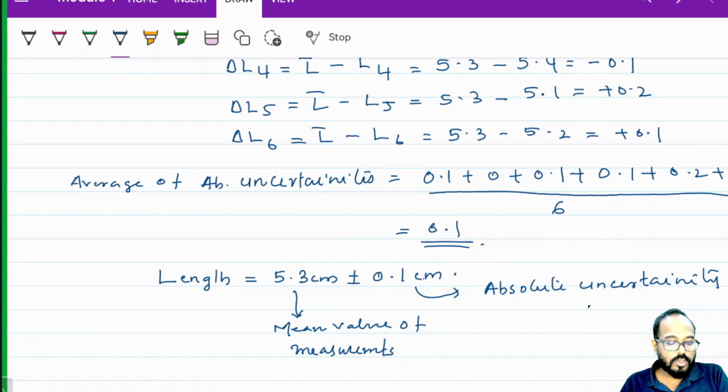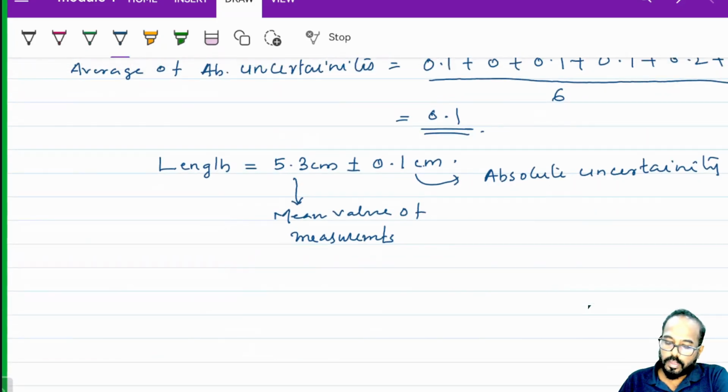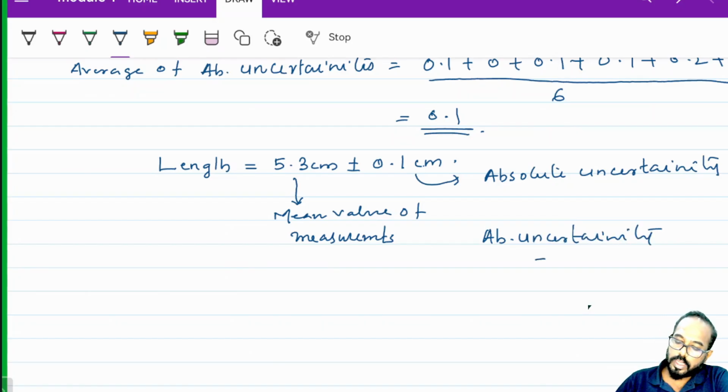If you want to check this one, this uncertainty will be approximately equal to, this is the procedure to calculate, approximation is there. So absolute uncertainty is range by 2. This is an approximate value. If you want to find the approximate value of absolute uncertainty, you take the range and divide by 2.